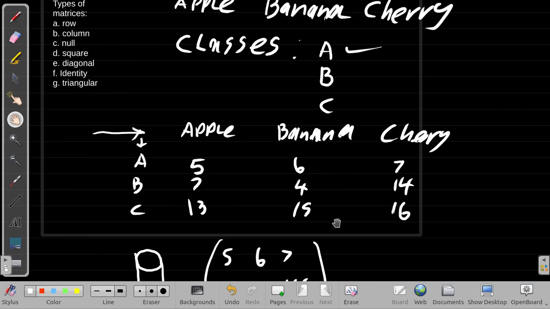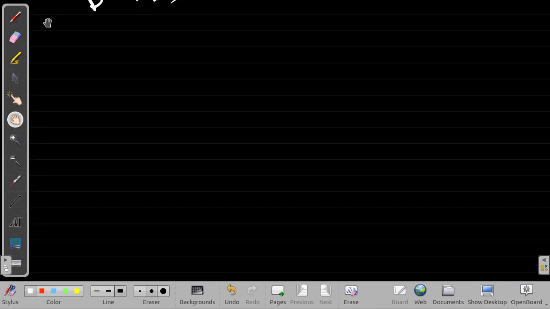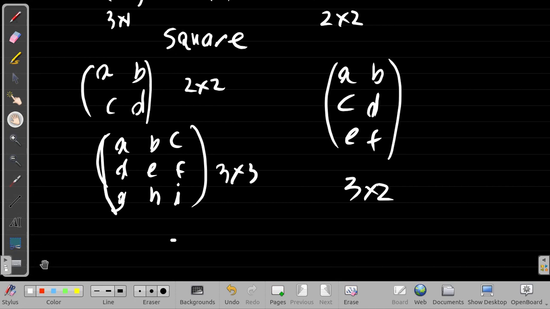Then you have what they call the diagonal matrix. Remember, diagonal means you measure across. Example: when it comes to this matrix, the diagonal is this one. We call this the leading diagonal, upper left to lower right.